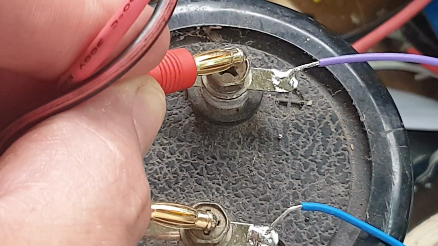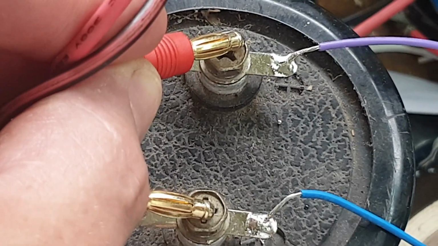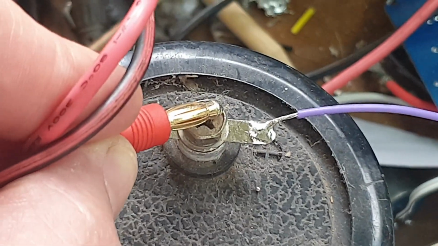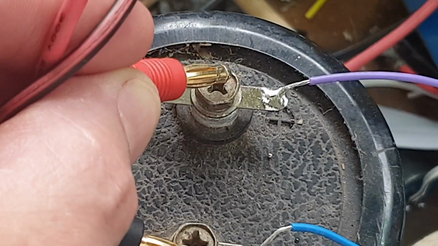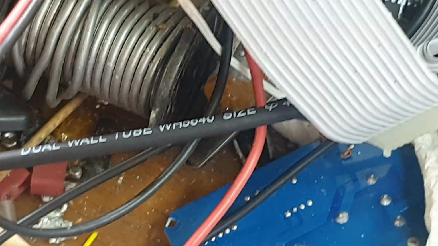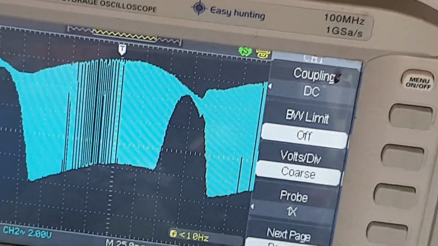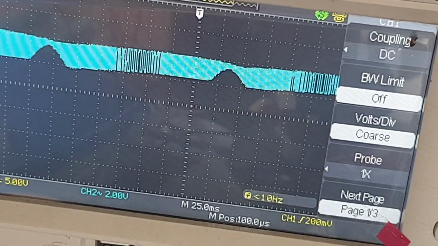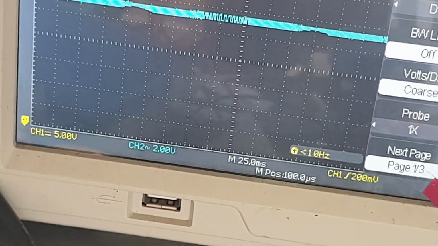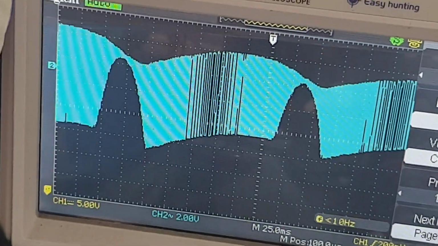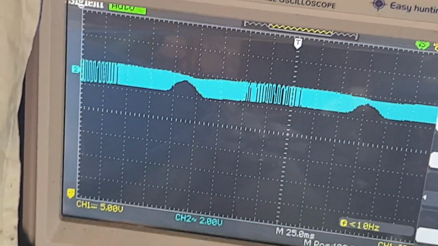And so I'm just holding power to the capacitor right now. If I let that go, the cap will drive the circuit for a second or two. There you go. On, off. On, off.